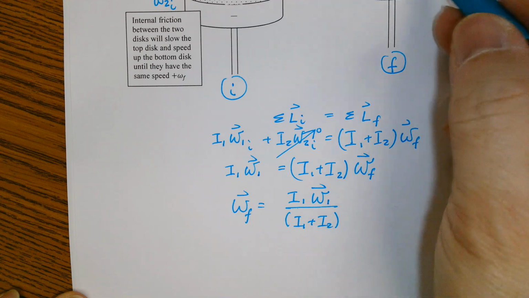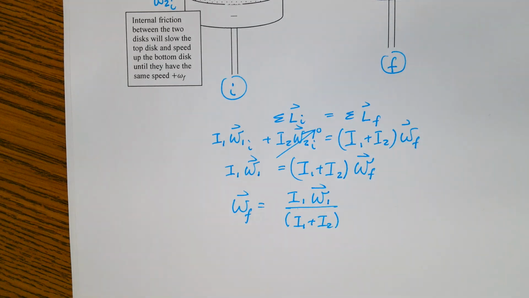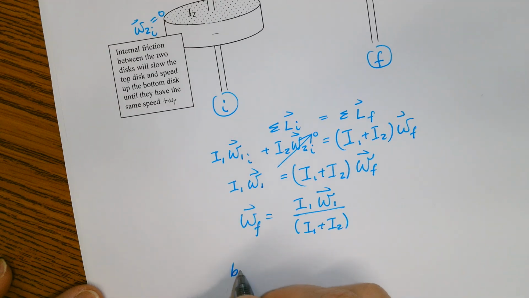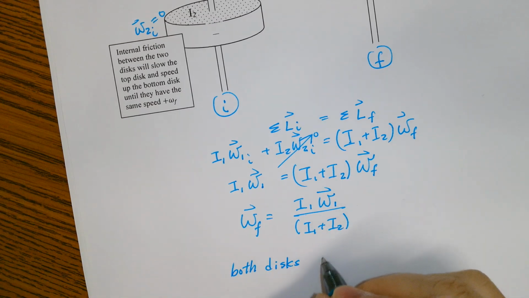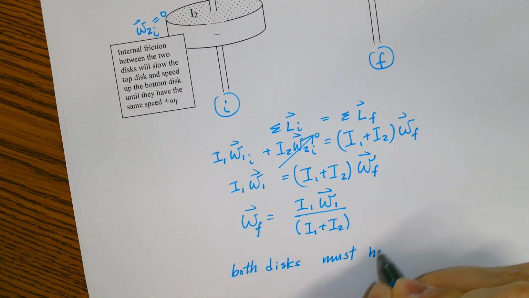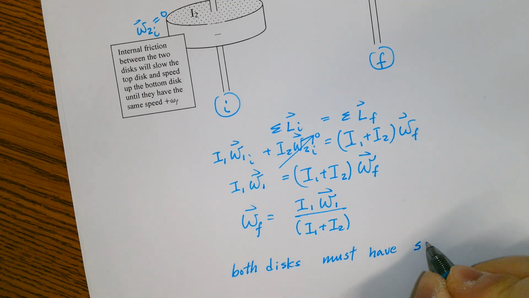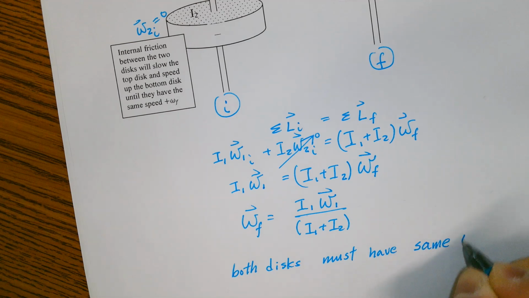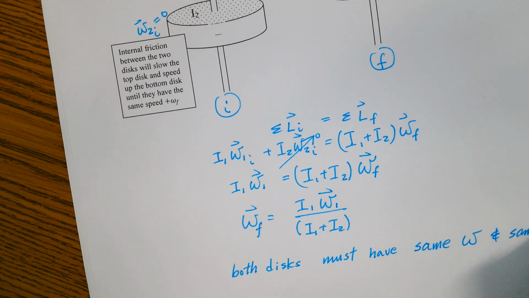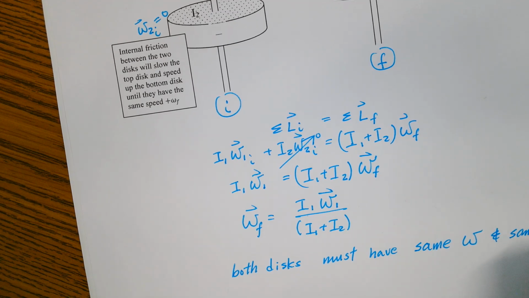So both disks must have the same omega and same direction, okay?